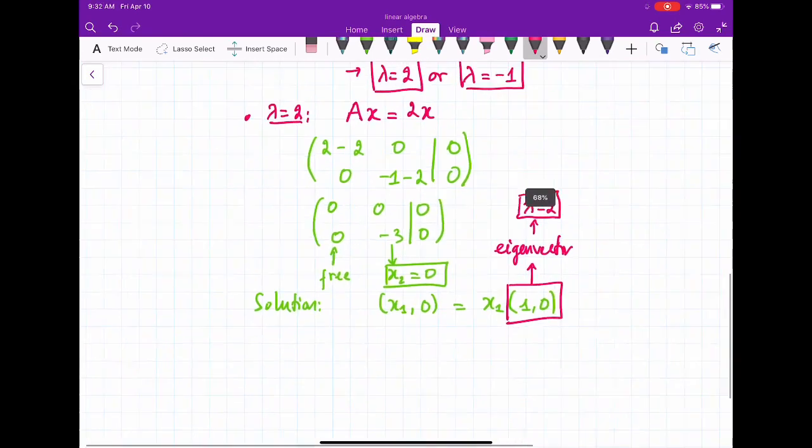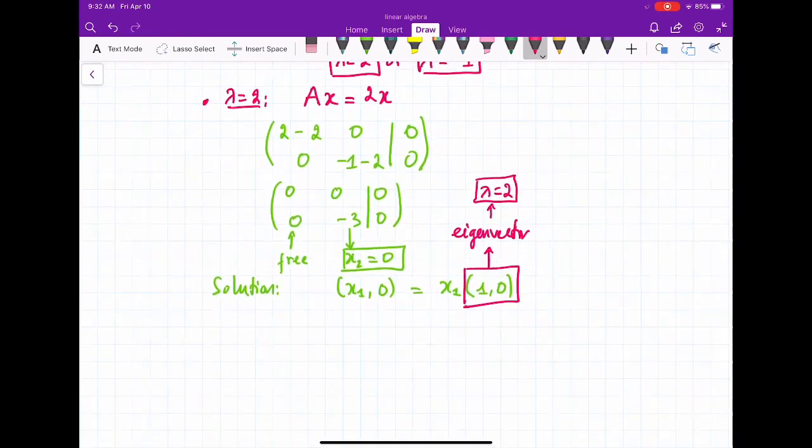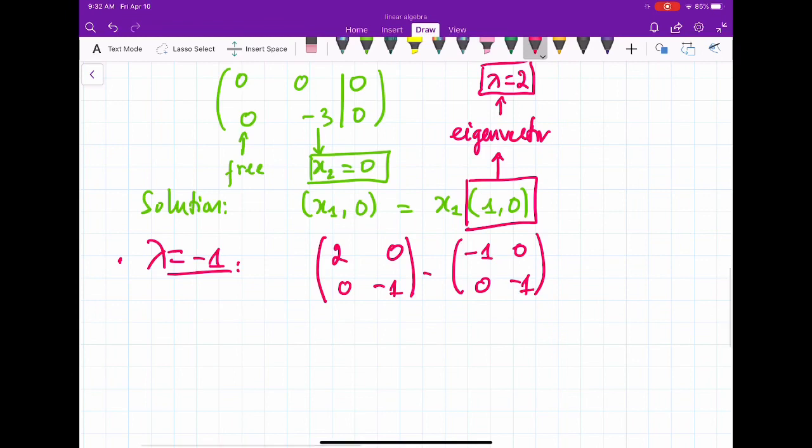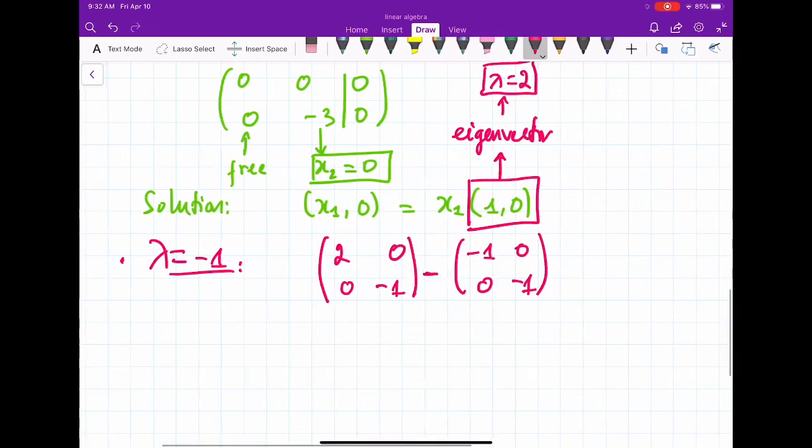And then for lambda equal to negative 1, we do almost the same. So we write the matrix 2, 0, 0, negative 1, minus negative 1 times the identity, because negative 1 is multiplied with the identity. Makes sense? And you have to solve. Let's calculate this matrix first. So I have 2 minus negative 1, which is 3, 0, 0. Here should be 0, okay?